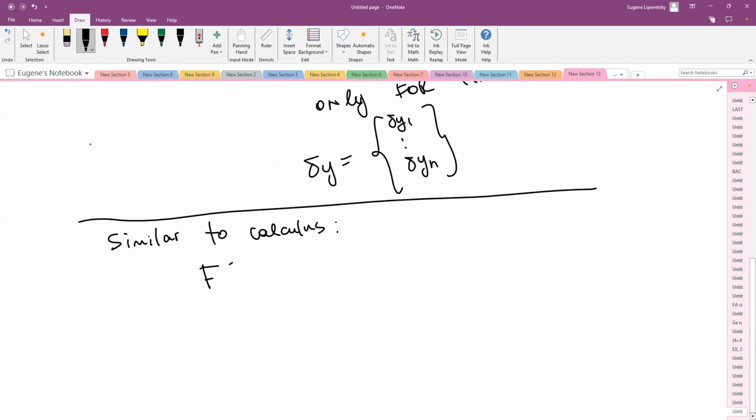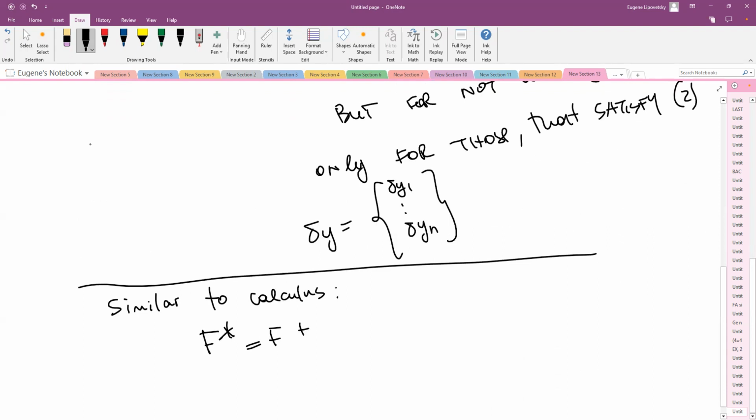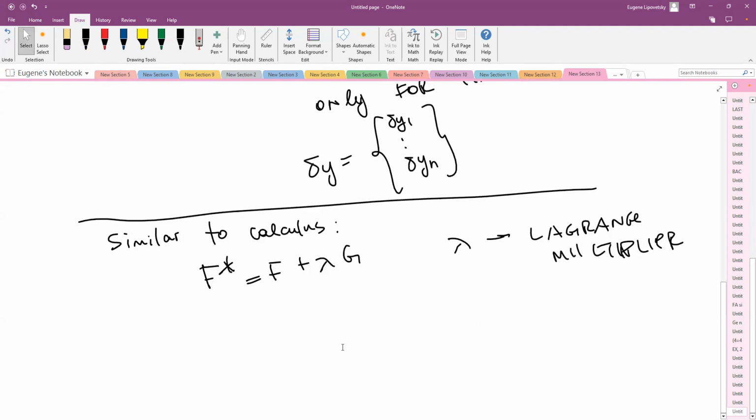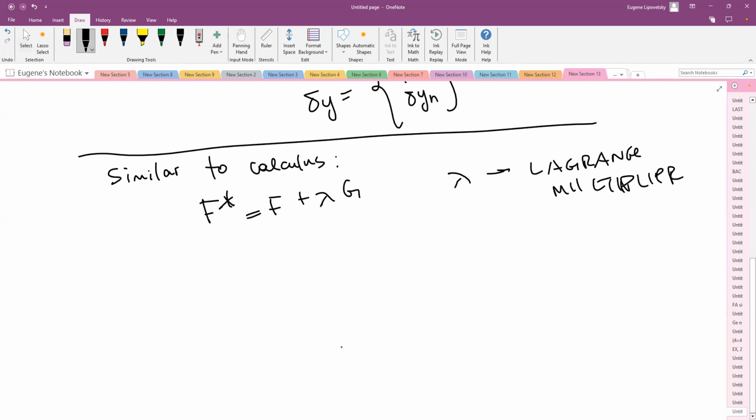You create a function f star, which is f plus lambda times g, where lambda is called the Lagrange multiplier, something that we don't know the value of yet. And then we form the condition.